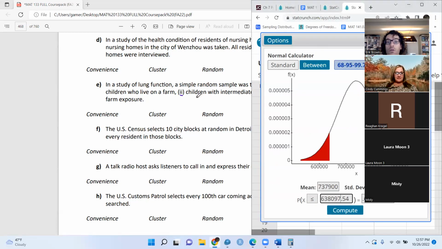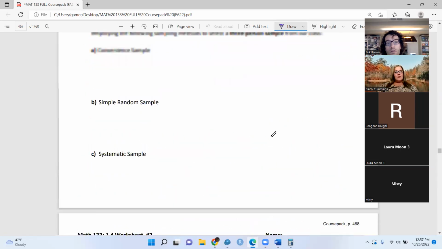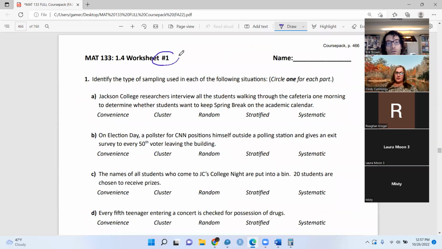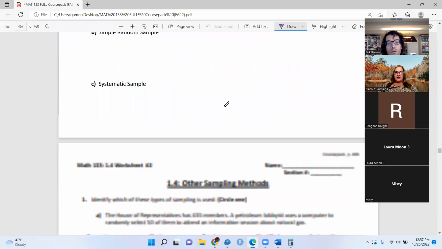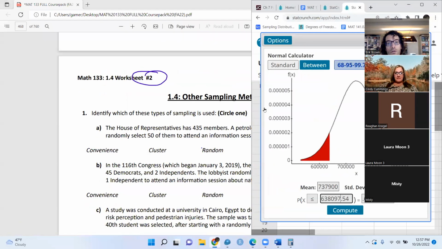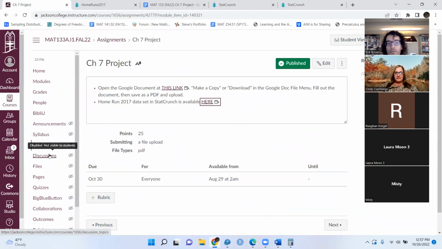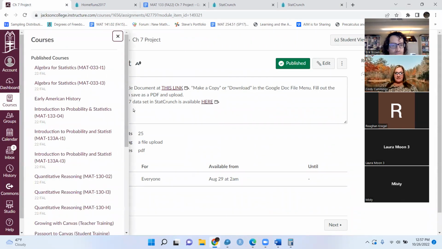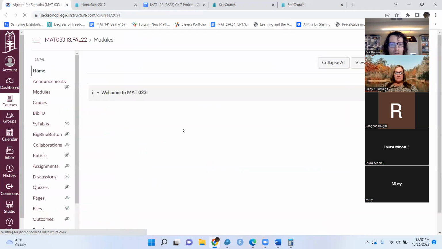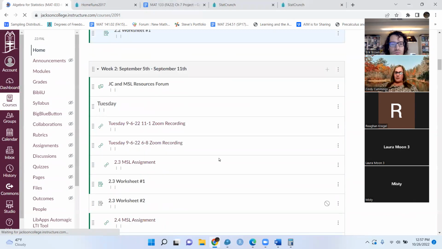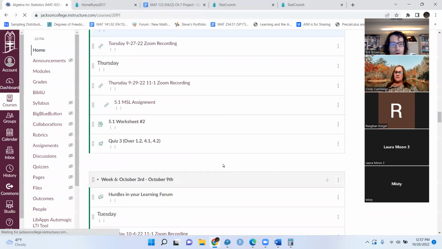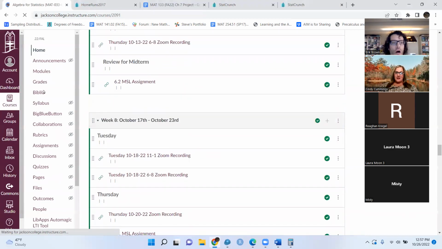That worksheet is in both of your classes. Yeah, it's a different one. I did 1.4 worksheet 1, so it is a little bit different. But on my dashboard, I'm looking at it right now. It says that for the 033 and the 133, 1.4 worksheet 2 is in both of the classes. Awesome, 2 for 1. Well, then maybe we did the wrong one yesterday. No, I think I turned that one in, and that was supposed to be in your class, Cindy, I'm pretty sure. I know it's in mine. I might have originally had it in the 033, but then I removed it, and I might not have removed it from assignments.